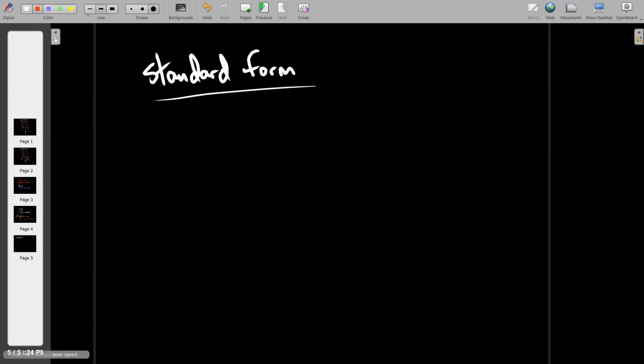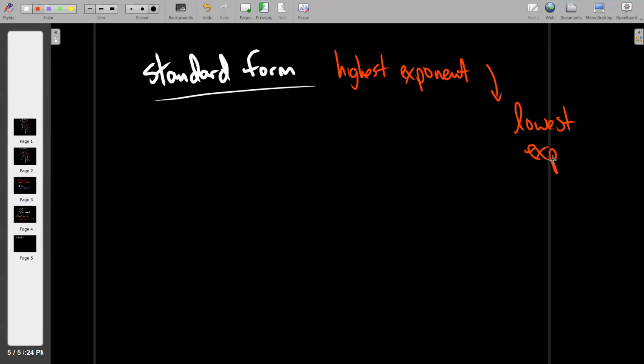So standard form, you could put in your notes like highest exponent down to lowest exponent, as we work our way from left to right. So that is what standard form is all about.